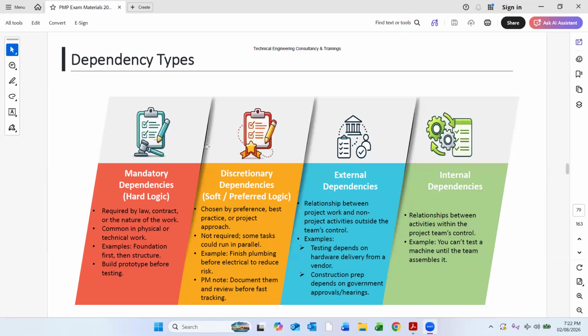If we want, we can add it. Then external dependency means it depends on something we receive from someone, outside members like government or other suppliers or other teams. Then internal dependencies means it depends on people inside the team, who are involved in the project.